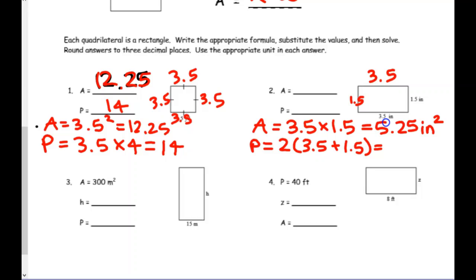All right, and we get 10. Now, 10 is not squared in its units. Perimeter, again, is not square units. Perimeter is regular old units. So 10 inches. So 5.25 inches squared, 10 inches not squared. Okay, so those were our formulas for a square and a rectangle. Now, what's weird about number 3?